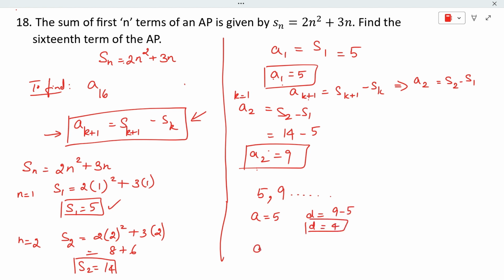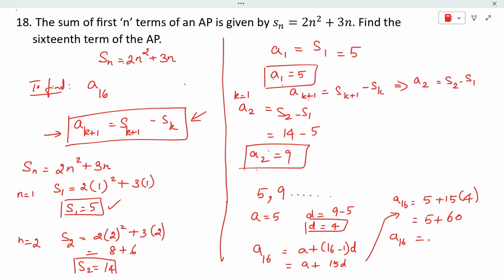So in order to find the 16th term, I know the relation a plus (n minus 1)d, that is a plus (16 minus 1) times d, is equal to a plus 15d, isn't it? So after substituting A and D, 5 plus 15 times 4 is going to be A16, right? So that is 5 plus 60. So the 16th term of an AP is nothing but 65.